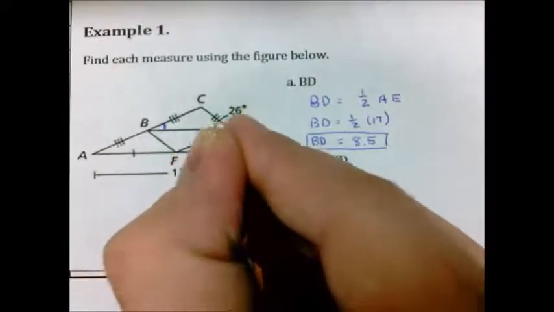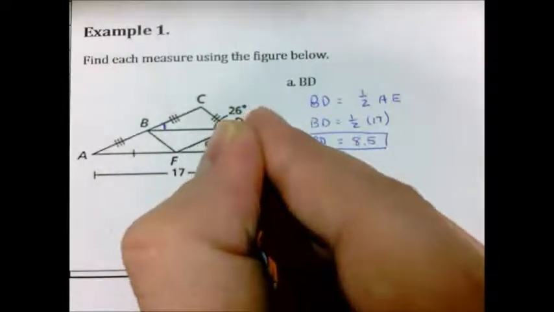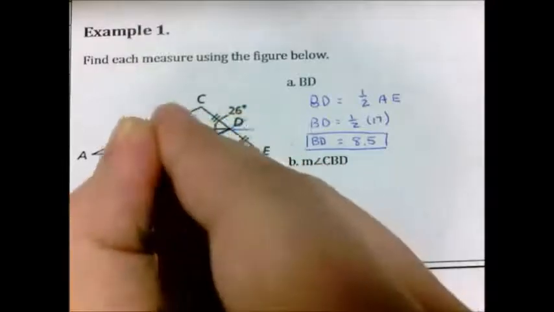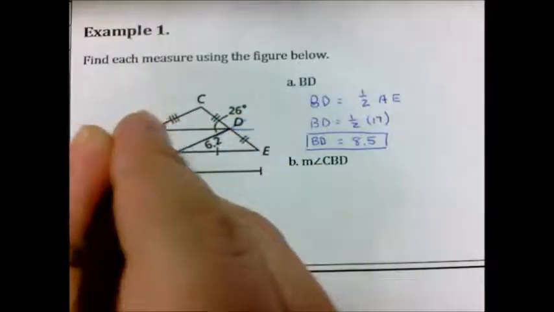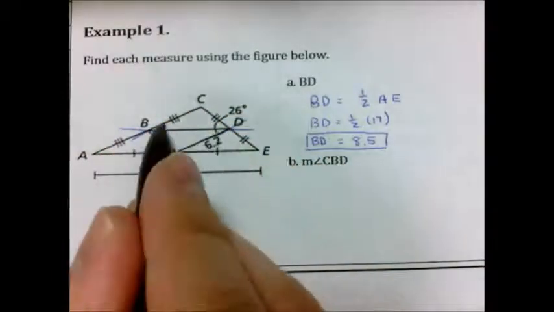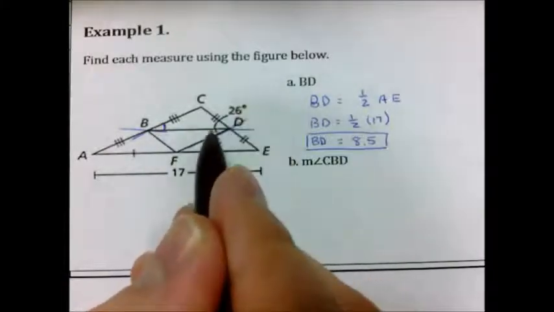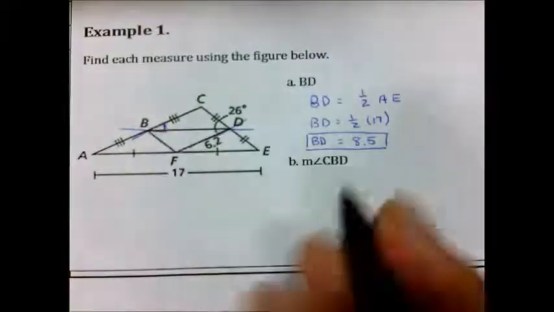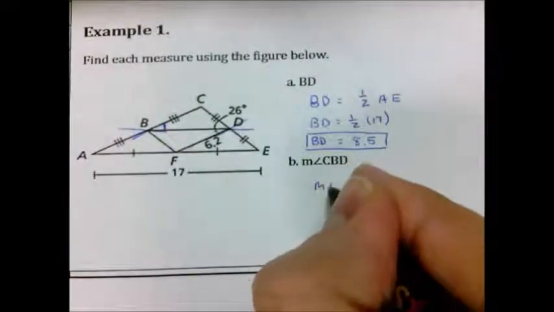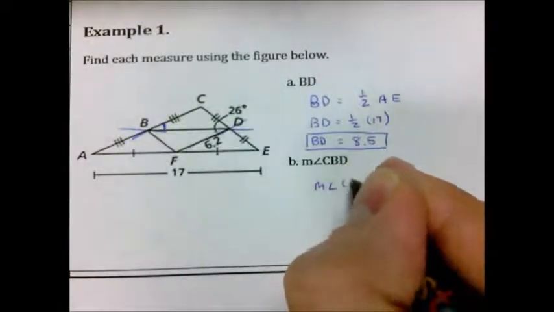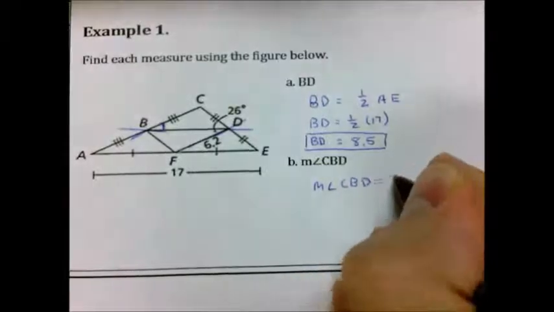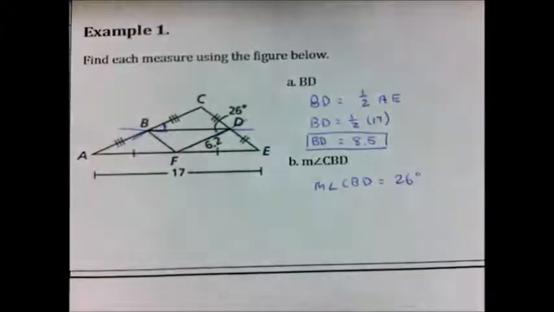So if we extend the lines a little bit, we can see that these are alternate interior angles, so this being 26 degrees means that angle CBD also has to equal 26 degrees. Okay, that's all you have to do for solving those types of problems.